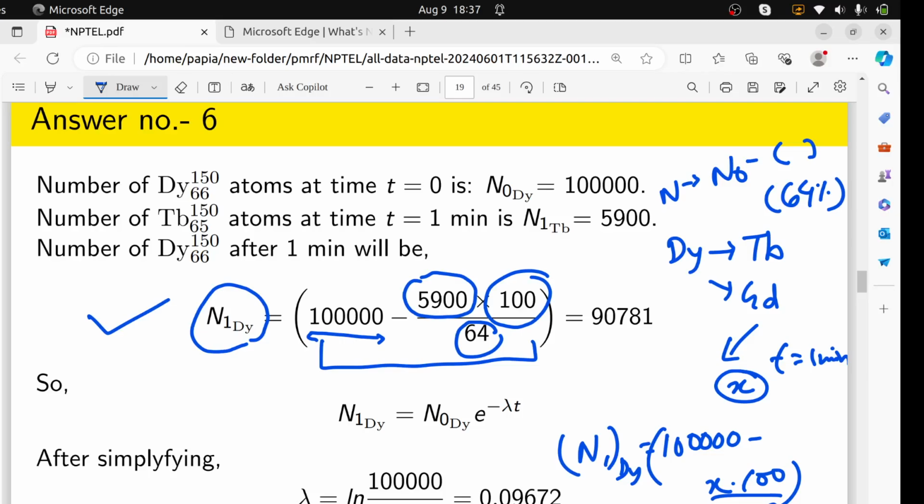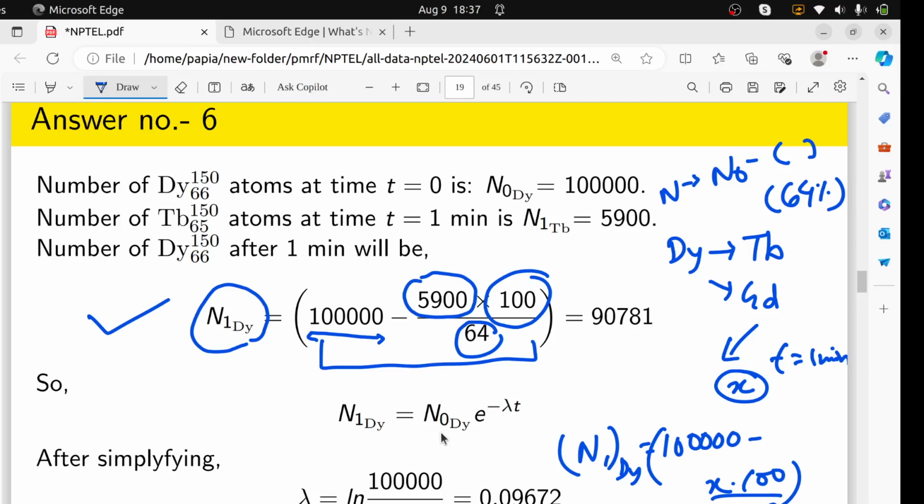We need to know capital N, because if I know the value of capital N, and obviously we know the value of N0, and we also know the value of t, then we will know the value of lambda. From that lambda we can know the value of t half. But how do I know the value of N for Dy? That is the expression written here.